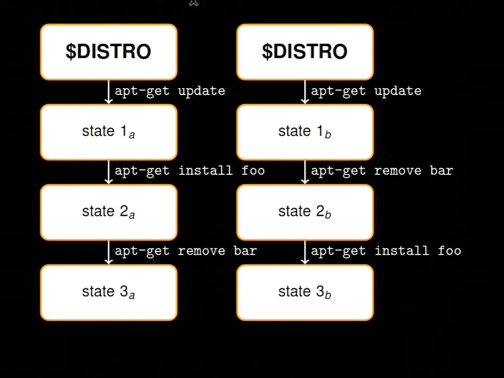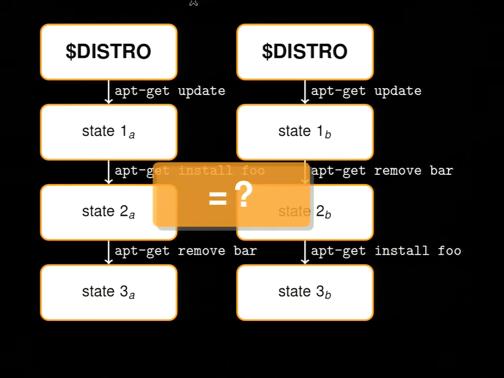And what you would like, of course, is to make sure that state 3A on the first machine is equivalent to state 3B on the other machine. But in fact, because apt-get or similar tools work by modifying the state of your machine, you can't really make sure that you're really getting that, right? So, that's not great. And if you're a DevOps person, for instance, you might want to be able to make sure that you really do get the same state on every machine that you have.